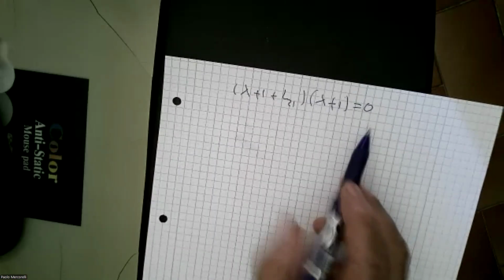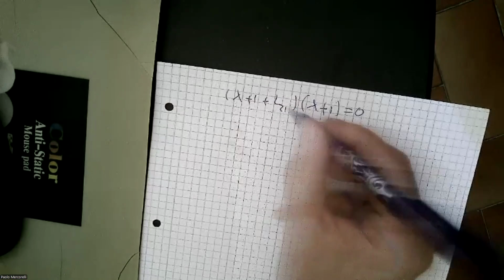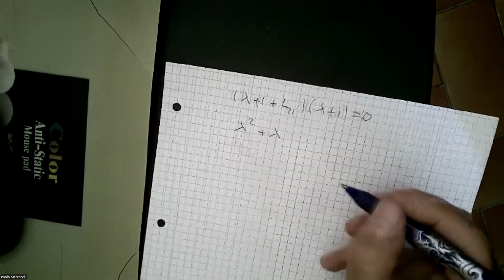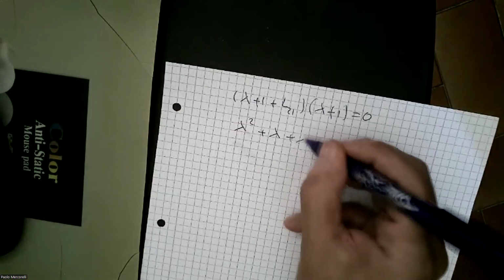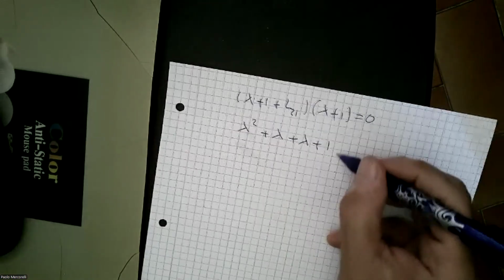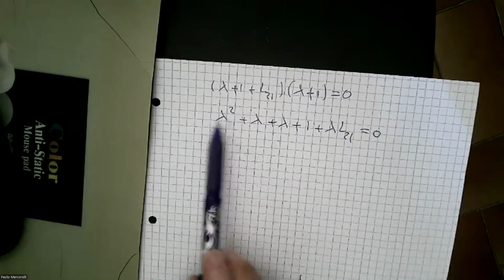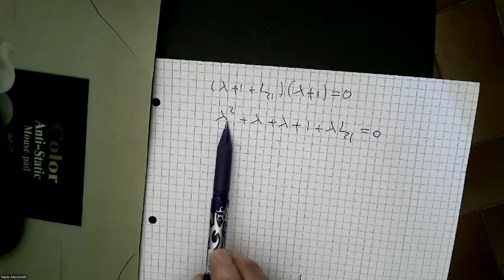We have this result from the design of the vector L. If you do it as in gymnasium, this multiplied by this, I have lambda square plus lambda plus lambda plus 1 plus lambda multiplied by L21 equals 0. I hope no mistakes. Let me check.